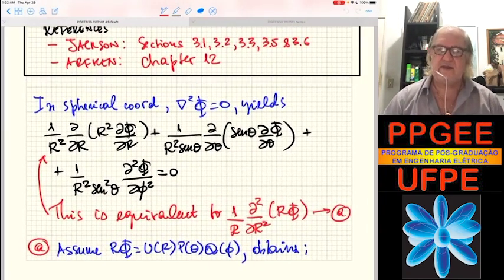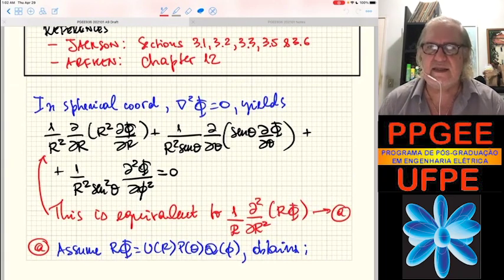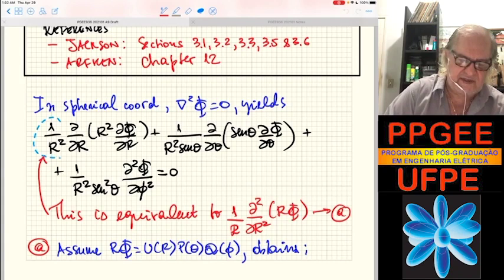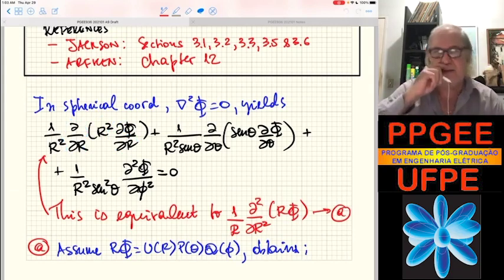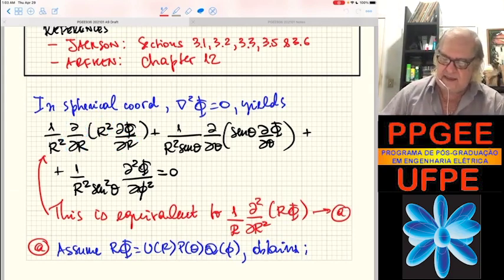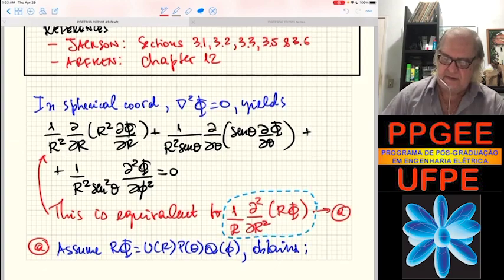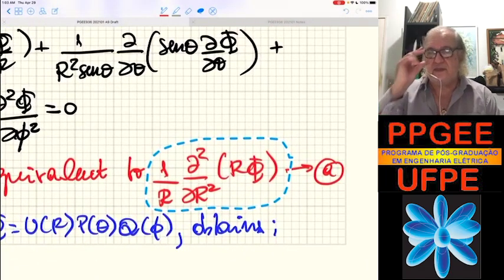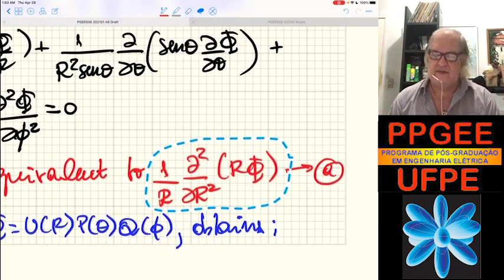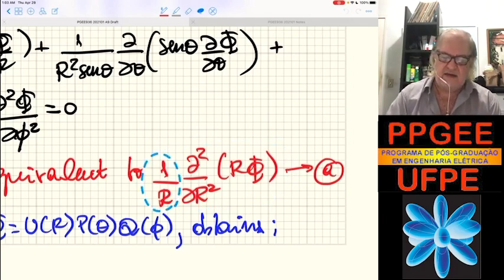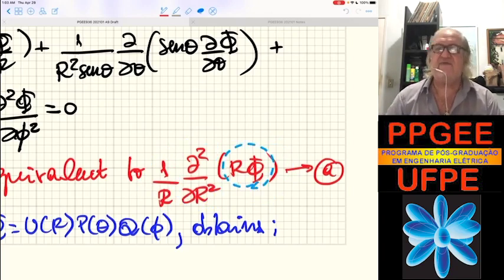I'll let you demonstrate, as an exercise, that this radial derivative, where you have r squared outside, r squared inside, one derivative inside, and one of the whole thing outside, can be cast in this form here, okay? It's more useful in treating the solution of Laplace's equation. We can put it as 1 over r and the second derivative of the product r phi, okay?